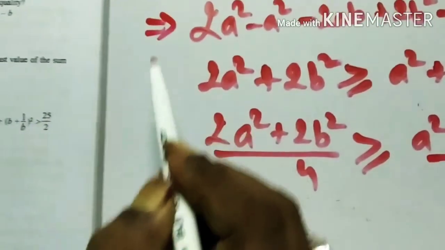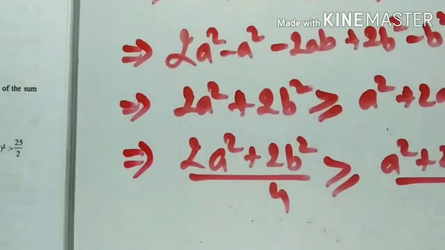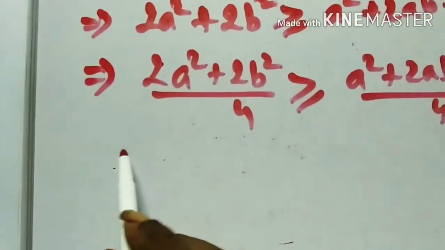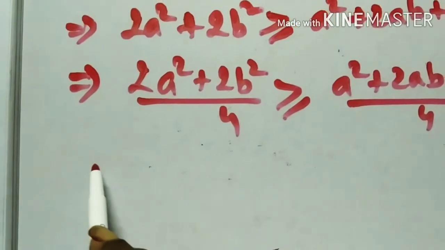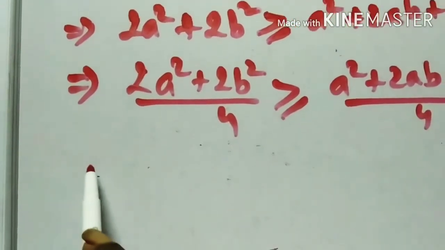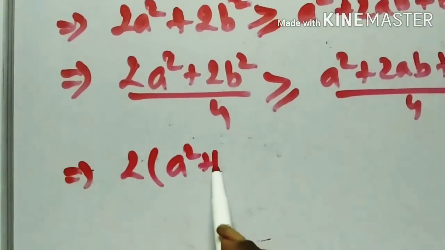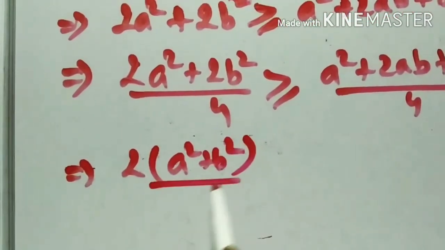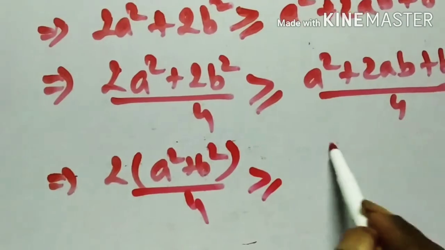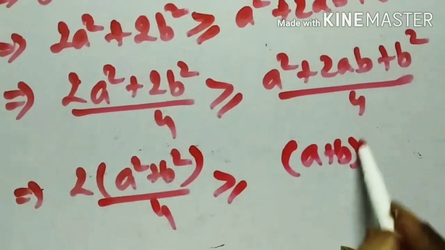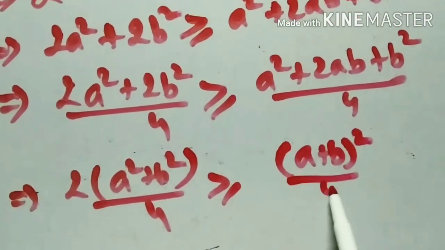Now here you will see, 2 common, (a square plus b square) by 4 is greater than or equal to (a plus b) the whole square by 4.